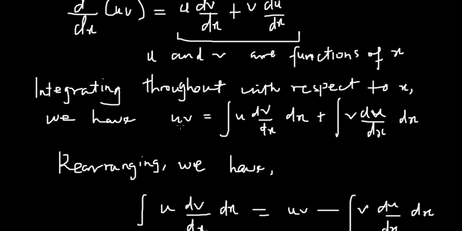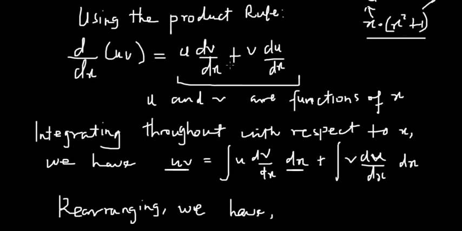When you do that, you have uv, that's the product, then the integral of u dv dx dx, and then you add the integral of v du dx dx. So it's similar to the product rule, but for integration you just introduce the integral sign and then add dx.